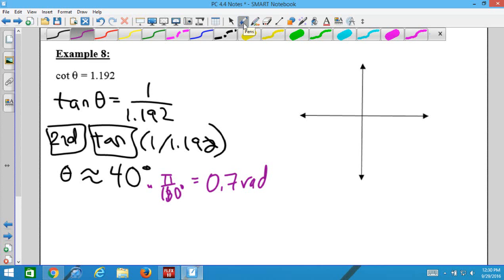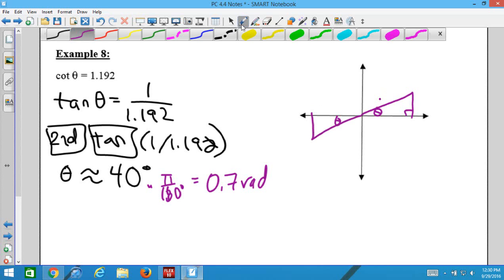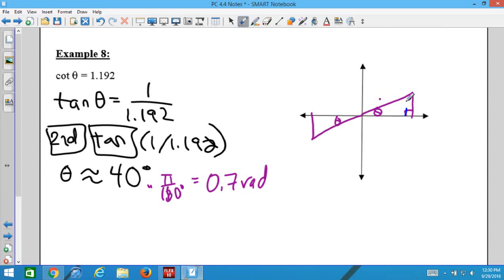So 40 degrees is about here. And this is tangent, so where else is tangent positive? The third quadrant. So we need to do what to get all the way around to here? Add 40 to 180.